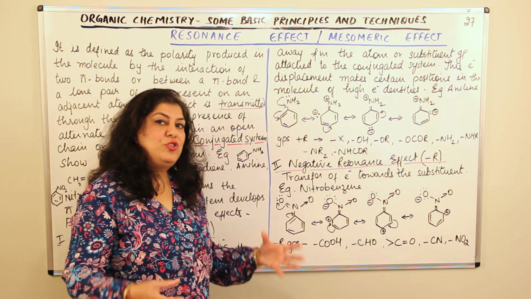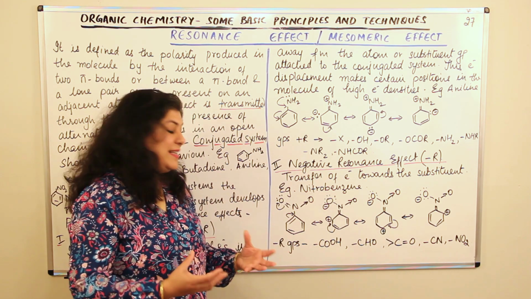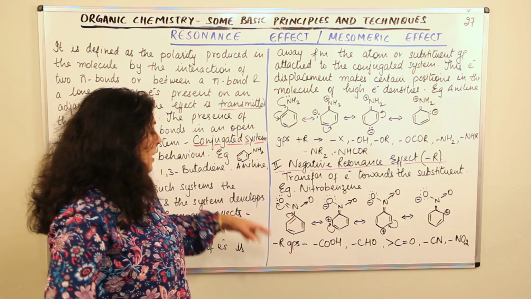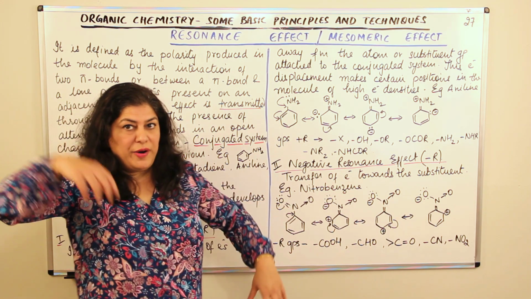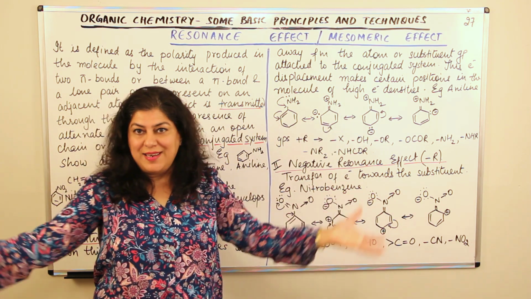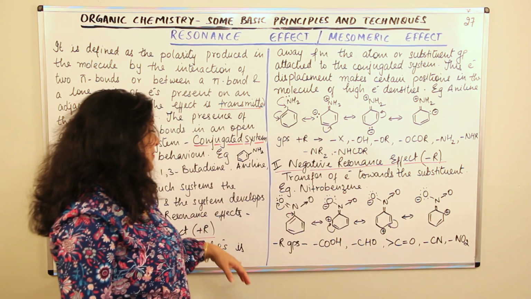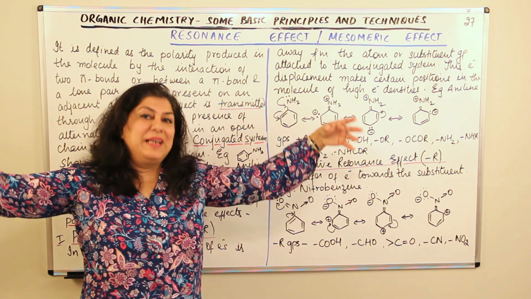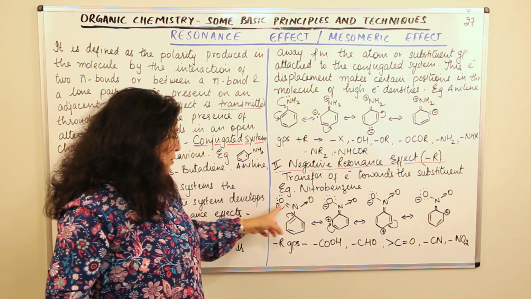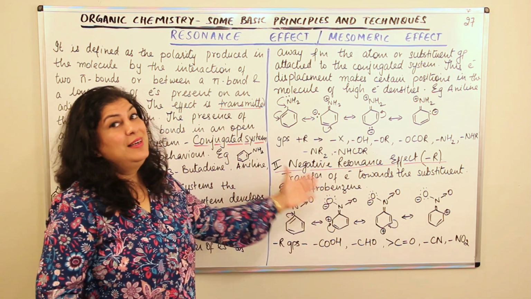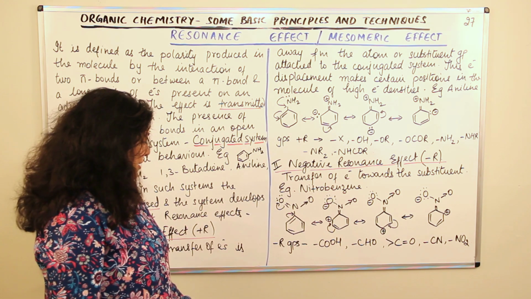So all those substituents which have a tendency to pull electrons towards themselves, which means that they would have an atom which is kind of electron deficient, or it has a lot of commitment on its sides, and therefore it has a tendency to pull electrons towards itself, or the atom adjacent to it can pull the electrons, as was in the case of this oxygen, which could pull the pi electrons towards itself and result in the negative resonance effect.